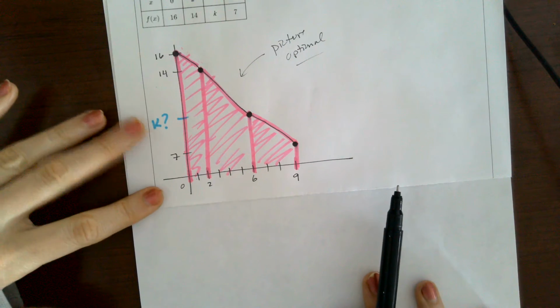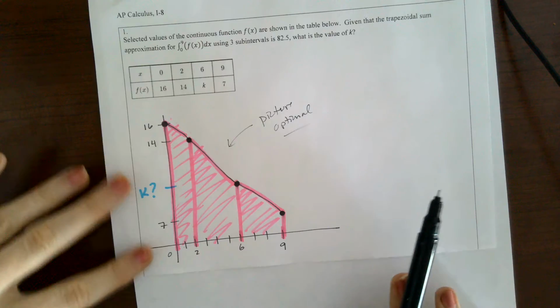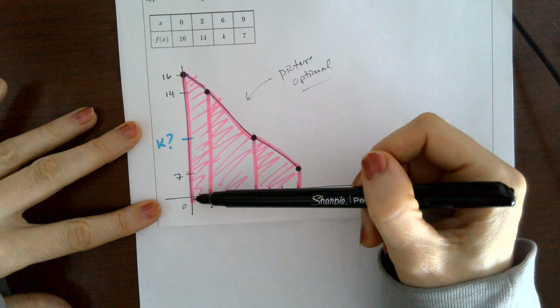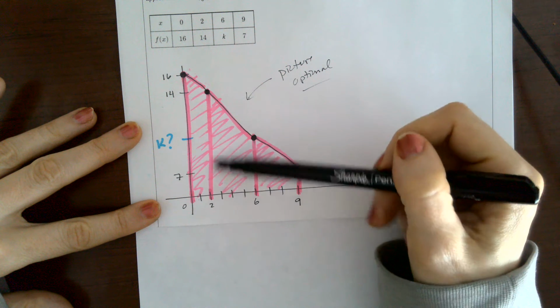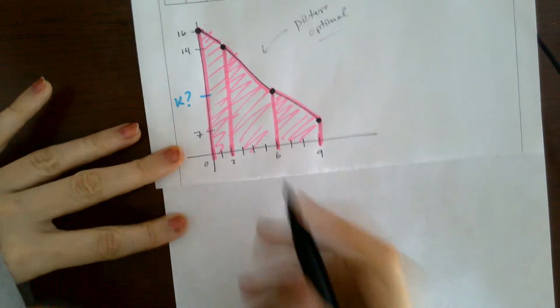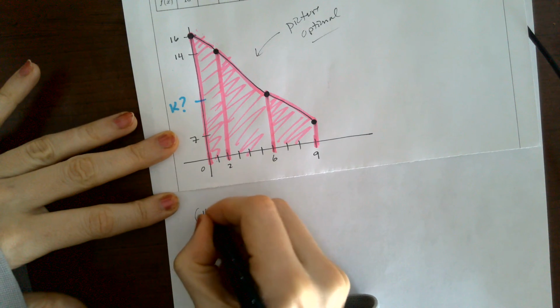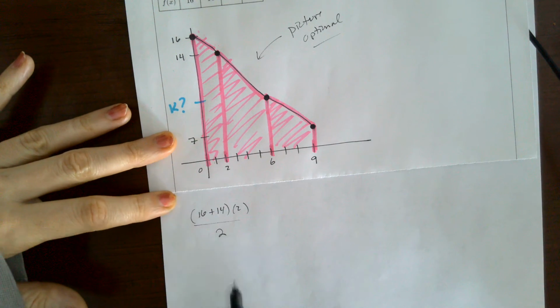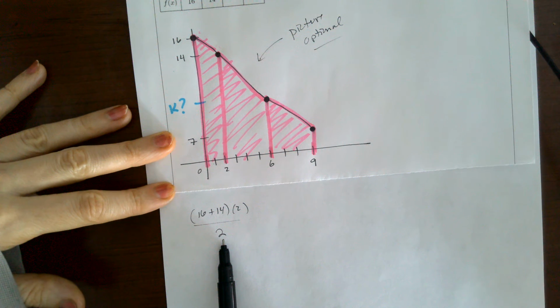All right, so for the first trapezoid, base 1 is 16, base 2 is 14, and the height is 2. So it's 16 plus 14, times the height 2, and then you divide by 2. That's the area of the first trapezoid.